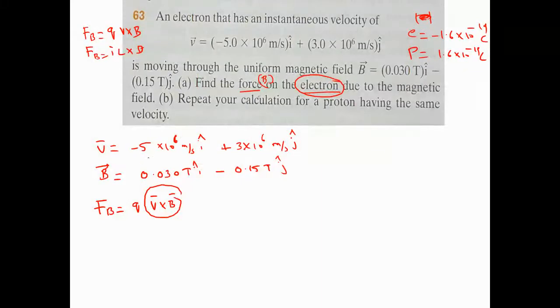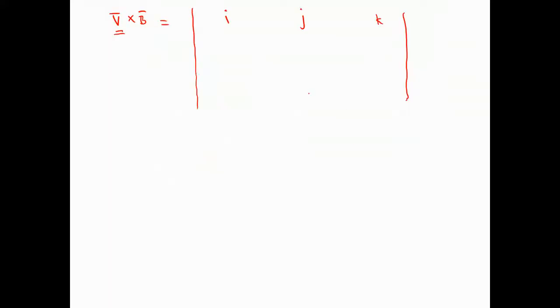First I find V cross B, so we have to go for the IJK method. What is our IJK, my dear? For the speed, what is our i value? Minus 5 multiplied by 10 to the power of 6. For the magnetic field, 0.030.